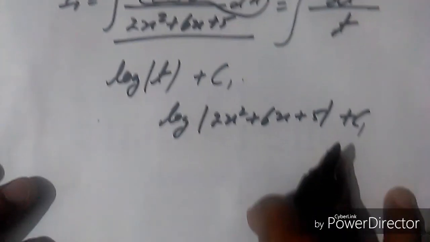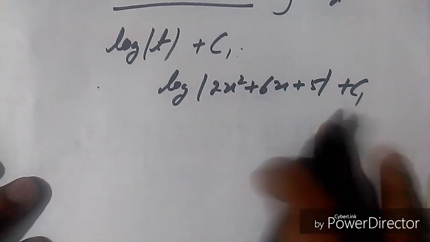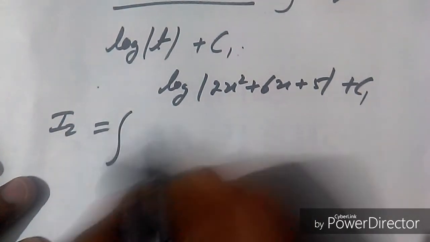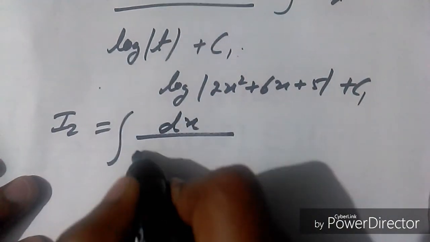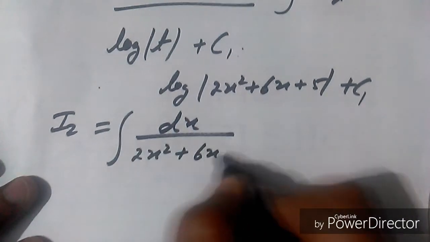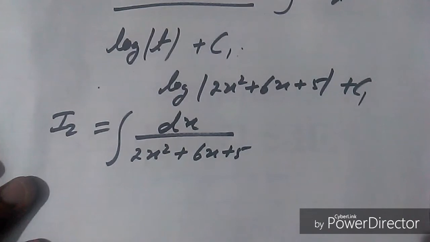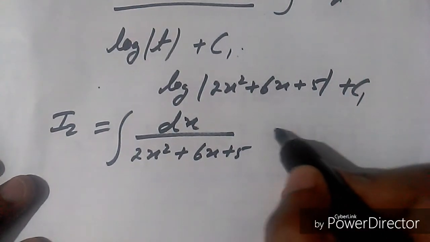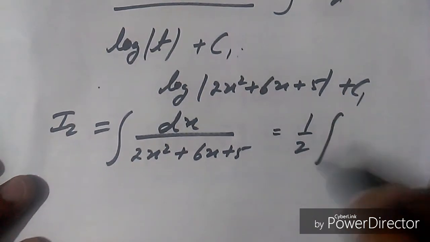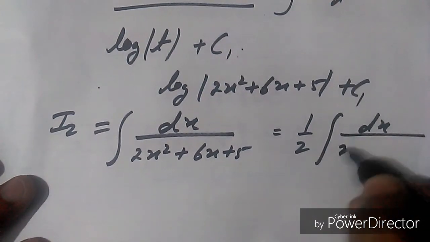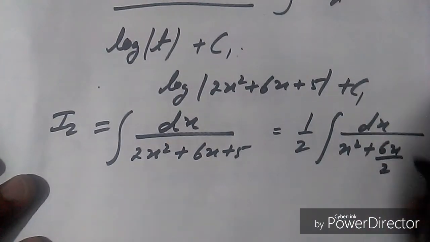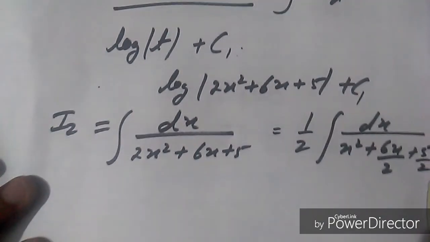Okay, now we come to I2. The I2 equation is integration of dx by (2x square plus 6x plus 5). First of all we take 2 common, that is 1 by 2, dx by (x square plus 6x by 2 plus 5 by 2).